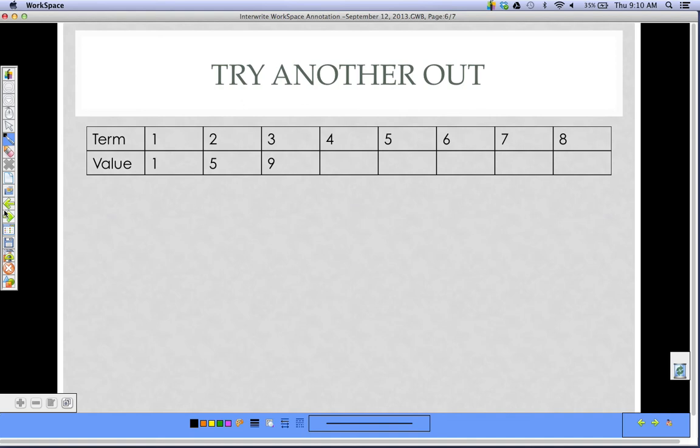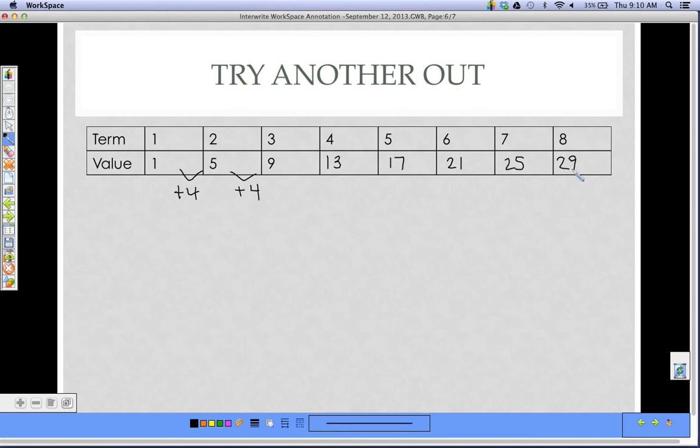Alright, now let's try this example out. Okay, first thing, we have to find that difference in our values. So how did we get from 1 to 5? Plus 4. From 5 to 9, plus 4. So let's continue on with this pattern. So this is 13, this is 17, 21, 25, and 29.